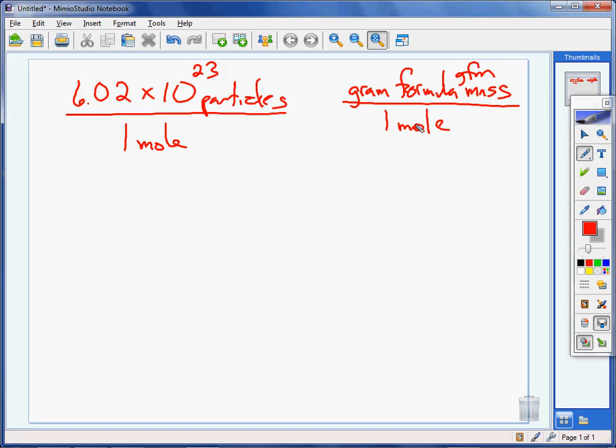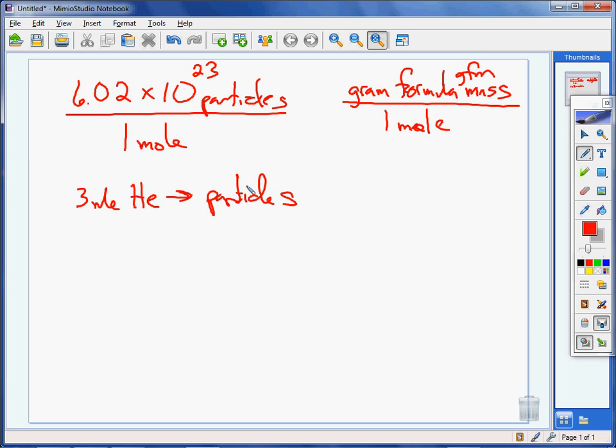Okay. So these are the two conversions that we were using, right? So if they said you've got 3 moles of, let's say, helium, can we convert that into particles? Yeah.